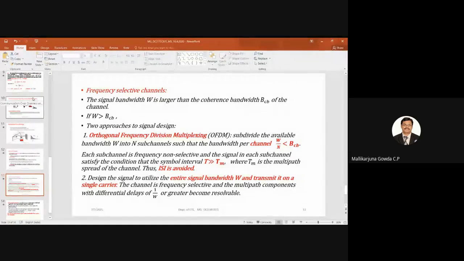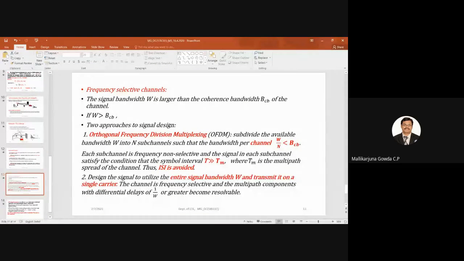One is the use of OFDM, orthogonal frequency division multiplexing, a modulation technique. In OFDM we subdivide the available bandwidth into N sub-channels so that the bandwidth per channel, W by N, is much less than the coherence bandwidth.